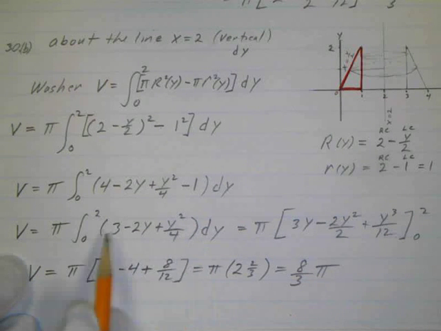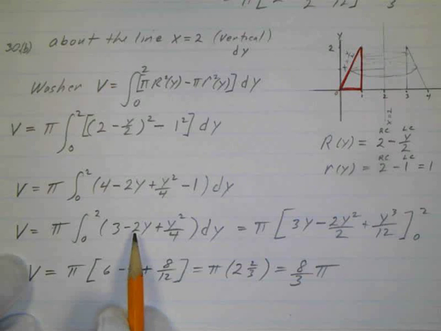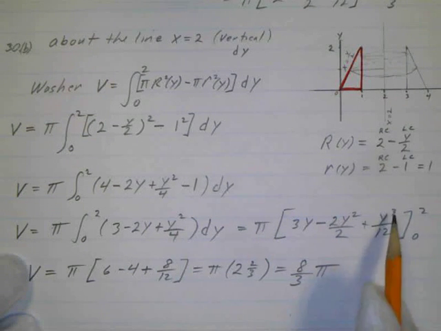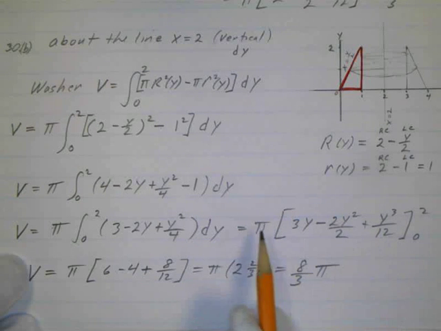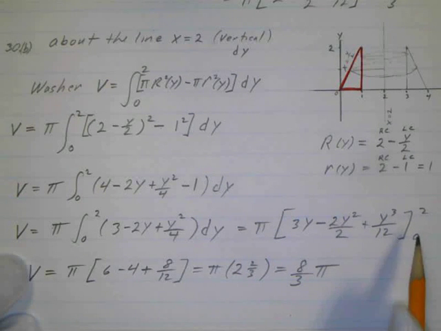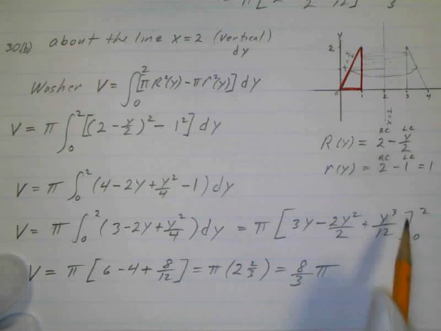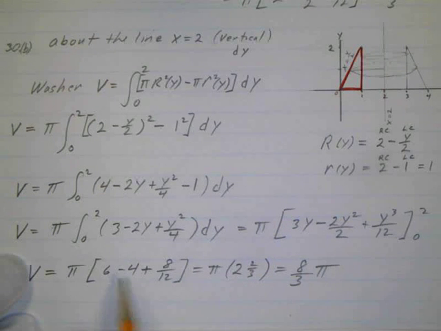Okay, I'm ready to take my antiderivative. The antiderivative of 3 is 3y. The antiderivative of 2y is 2y squared over 2, and y squared over 4 is y to the third over 12, all times pi, and I'm evaluating that from 0 to 2. Now the zeros in all these cases cancel, so I don't really need to worry about that. So that ends up being pi, and 3 times 2 is 6.